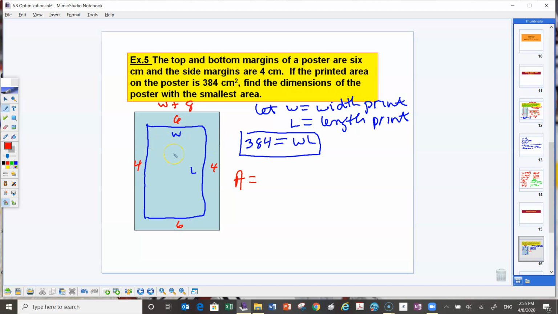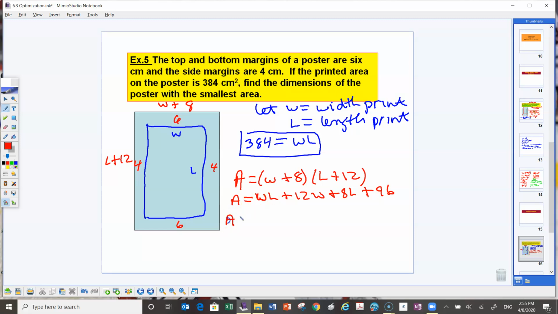Similarly, the length of the entire poster is going to be the length of the printed part, plus a margin of 6 and another 6, so it's going to be L plus 12. So the area of the entire poster is W plus 8 times L plus 12. I can distribute here and get WL plus 12W plus 8L plus 96.